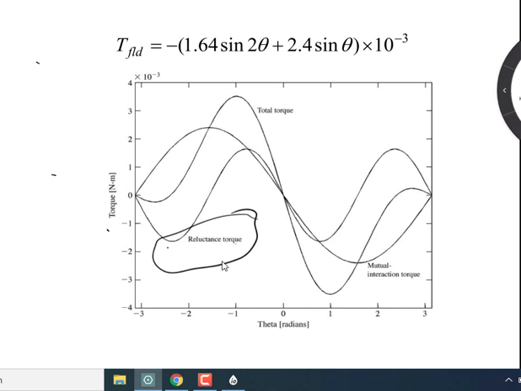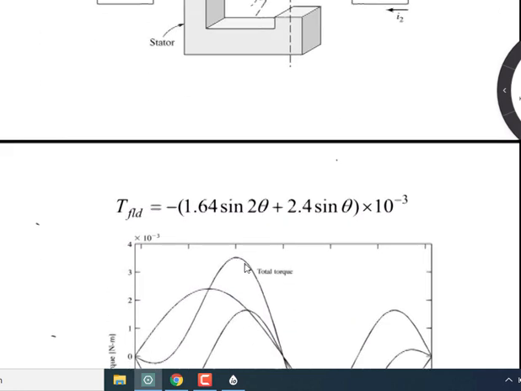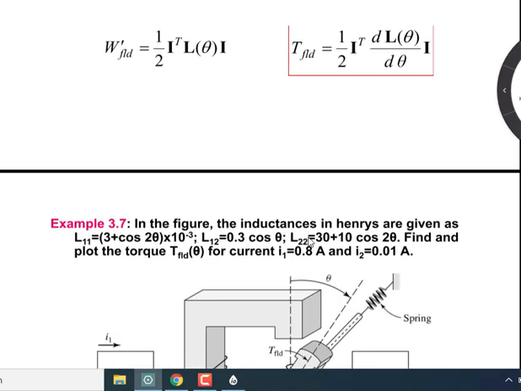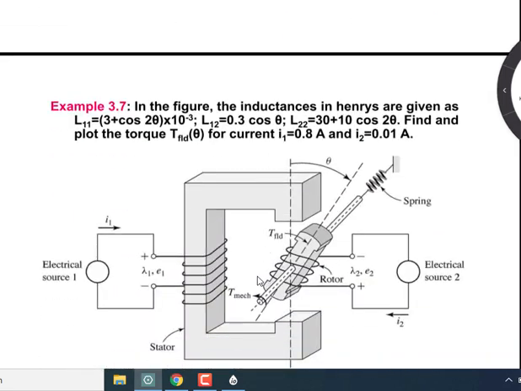But if you consider the main torque, that is due to the mutual interaction of your stator and rotor, then you will see that this will depend on L12, right? I am trying to give you an intuitive explanation. L12 is a function of theta. So here the mutual torque is varying with theta.